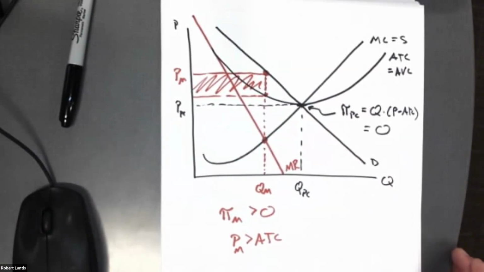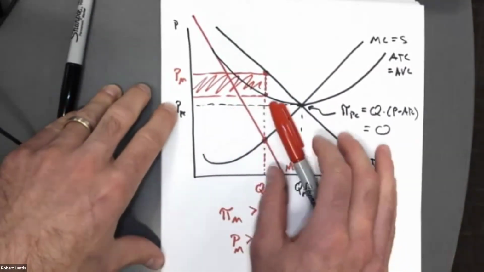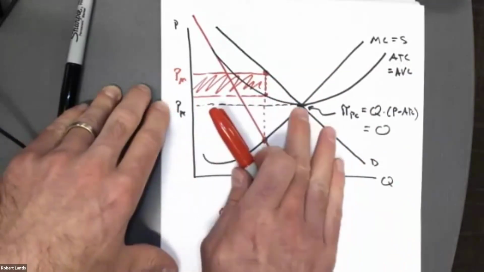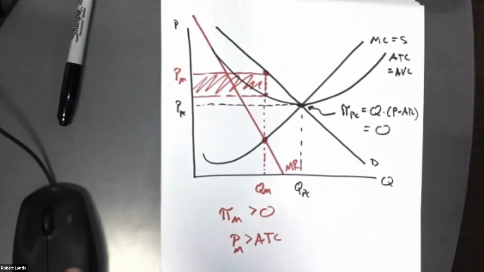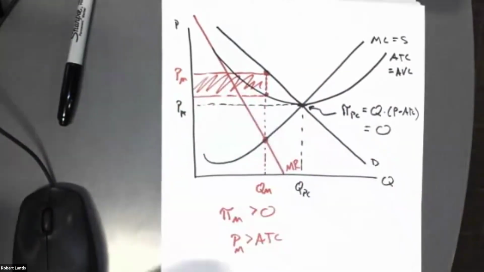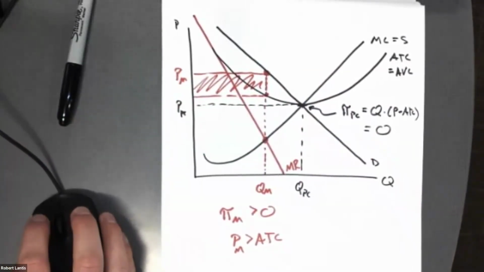However, we said the reason why monopolies can exist is because we don't have free entry into the market. So if there was free entry, what would firms do? Enter the market. It's no longer a monopoly, and we get pushed back down to this perfectly competitive point. However, there are barriers to entry, which is why the monopolists can continue to operate with positive profits. Okay.